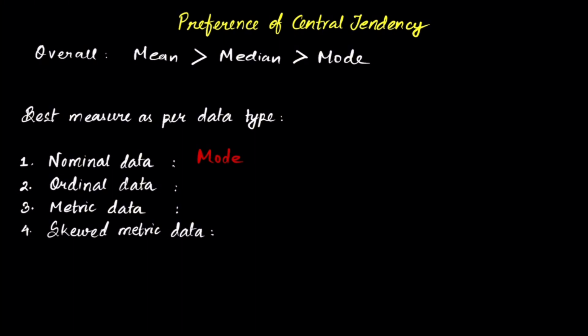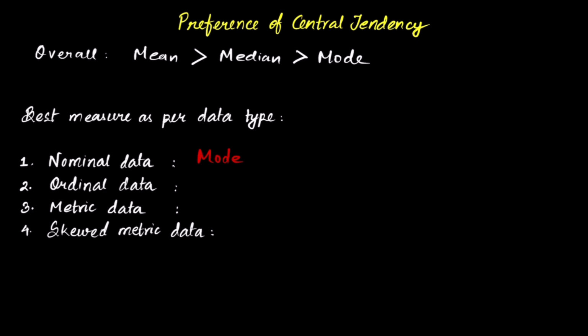Second, ordinal data. In ordinal data, you have qualitative variables arranged in an order. For example, severity of cancer: you have first stage, second stage, third stage, fourth stage. Here, these are your variables that have been arranged in an order of severity. Similarly, severity of accident: less severe, moderately severe, severe, highly severe.